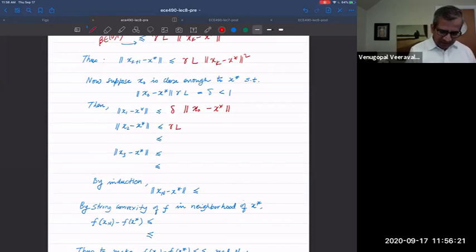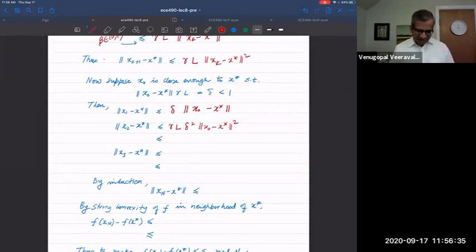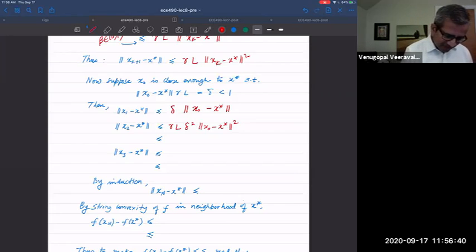But x1 minus x star is already less than delta times x0 minus x star. So this will be delta squared times x0 minus x star squared. Or maybe just to be less confusing, I'll write it in 2 steps.